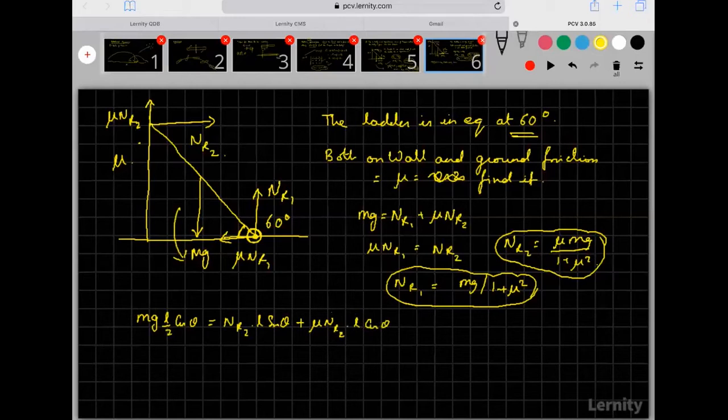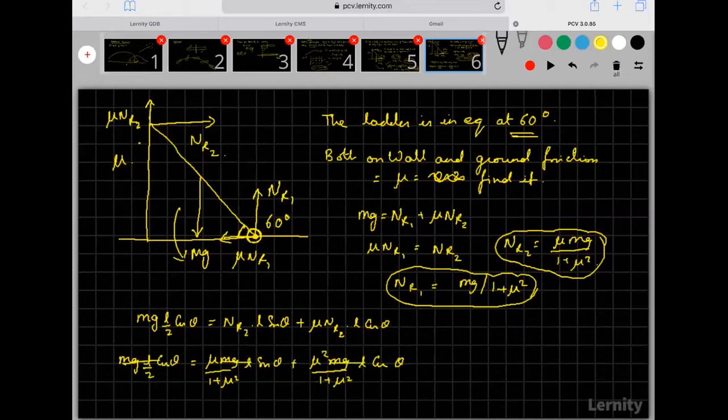Now I have all the values with me, so I'll have mg L by 2 cos theta is equal to NR2, which is mu mg by 1 plus mu squared, L sine theta, plus mu into NR2, so mu squared mg by 1 plus mu squared L cos theta. So all the mgLs get cancelled.